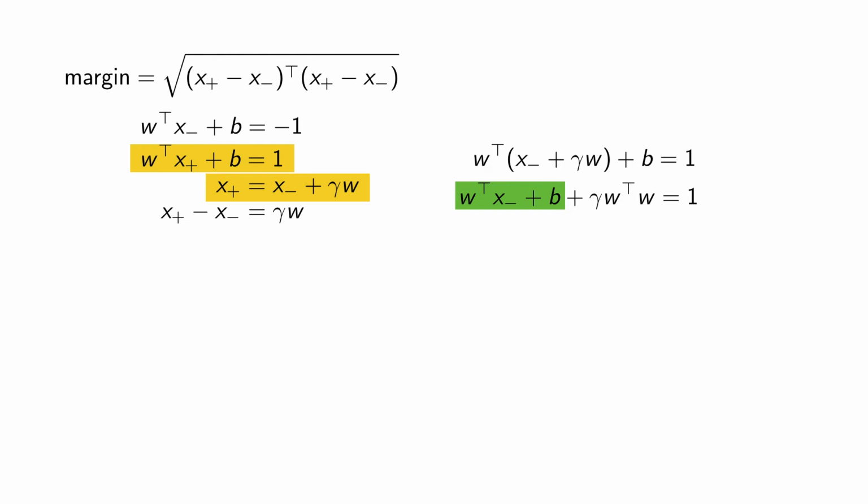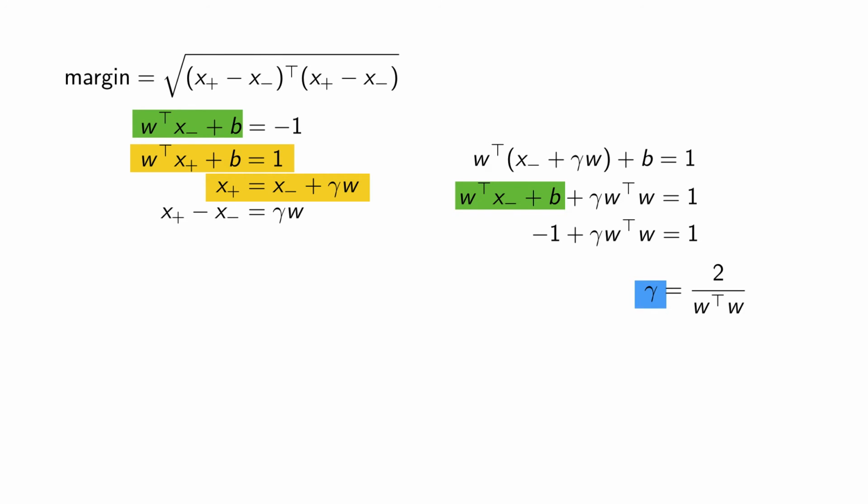We know up here that w transpose x minus plus b has to be equal to -1. So we can plug that right in, and we get this new expression, -1 plus gamma w transpose w equals 1, which we can do some trivial manipulations on, and we end up with the solution to what the value of this gamma scalar is. So we have gamma now.